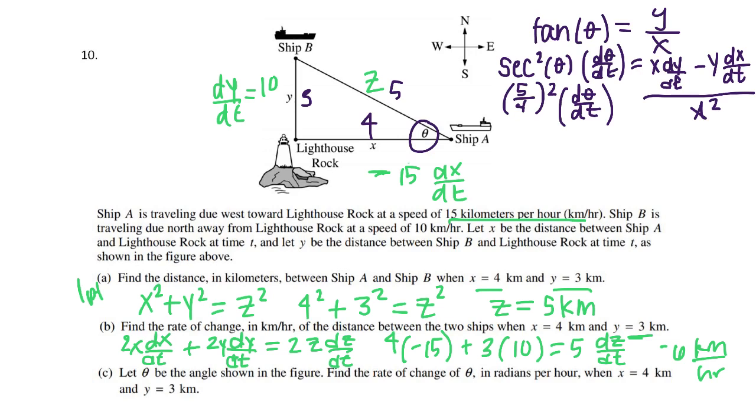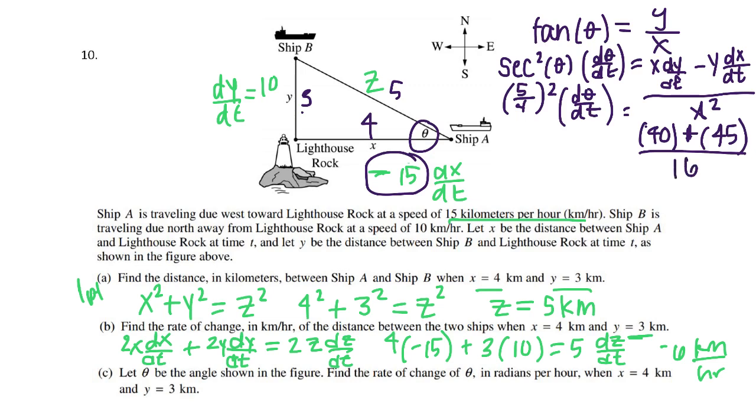Equals, and let's see, we've got to figure out this other side. We have x times the rate of change of y, so that's going to be 40, minus y, which is 3, times the rate of change of x, which is negative 15, so that's negative 45. So that's a positive, minus the negative, or positive 45, all over x squared, which is going to give us 16.